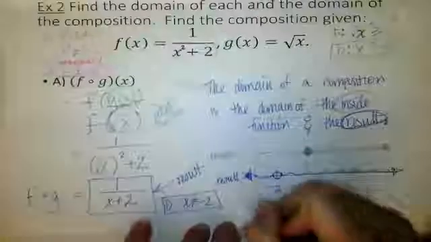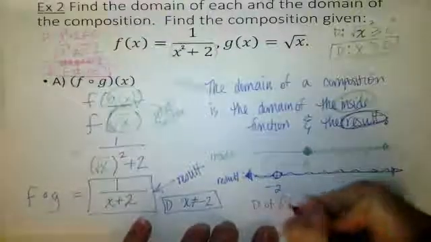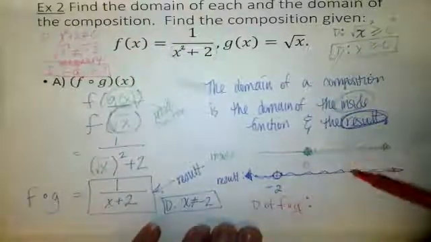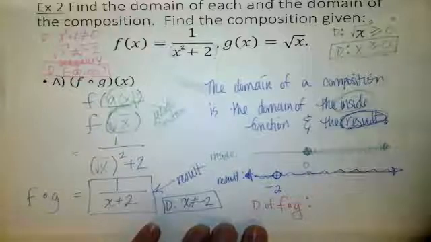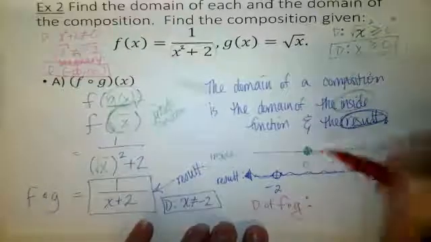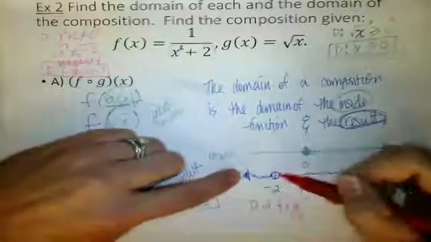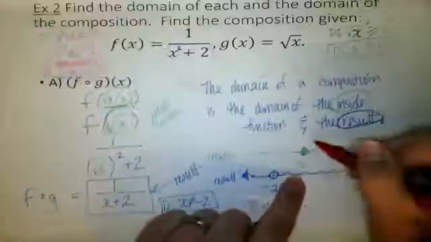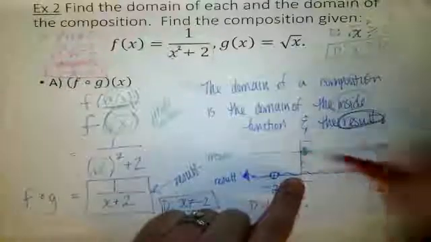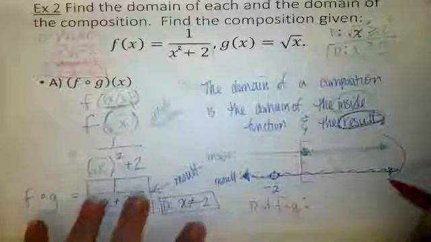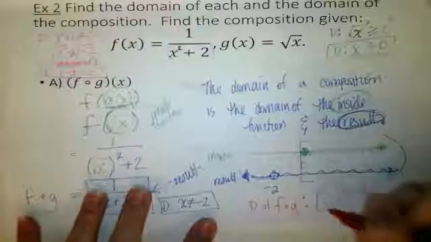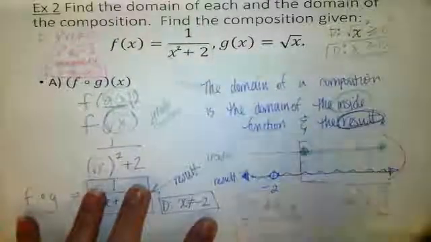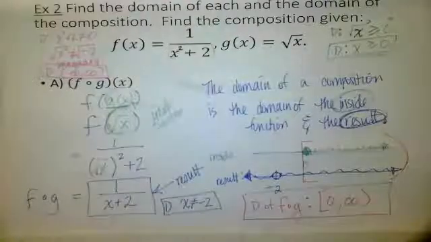The domain of f of g is what works for both of these. What works for both? Does -infinity to -2 work? No. But starting here at 0, they both work at 0, and everything to the right. So from 0 all the way to infinity, that is the domain of f of g.